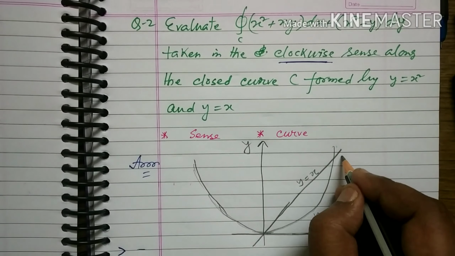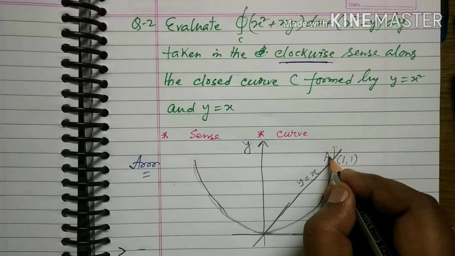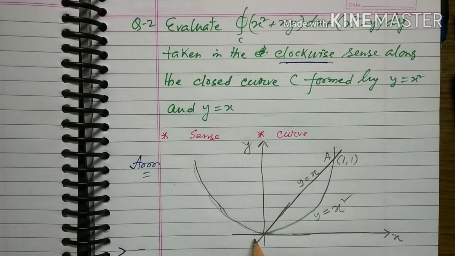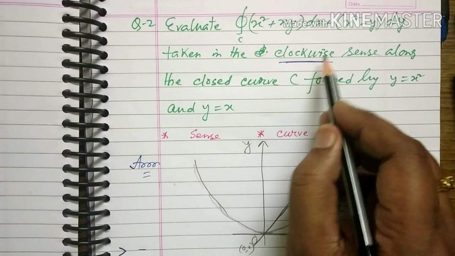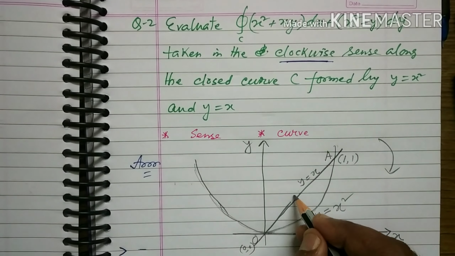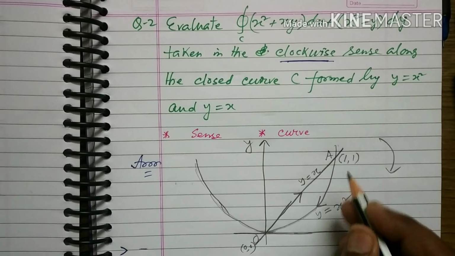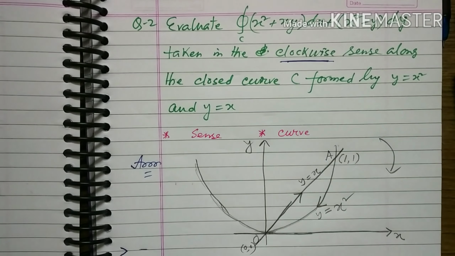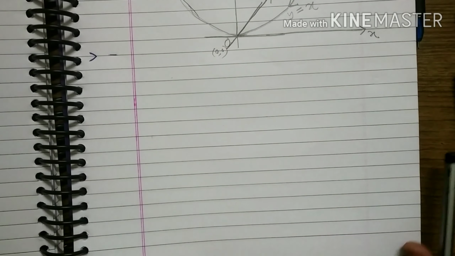The point of intersection will be A, and this is the origin, with coordinates 0, 0. Another important thing: clockwise sense means this sense, that is from O to A and A to O. Is that clear? Now come to the second part.